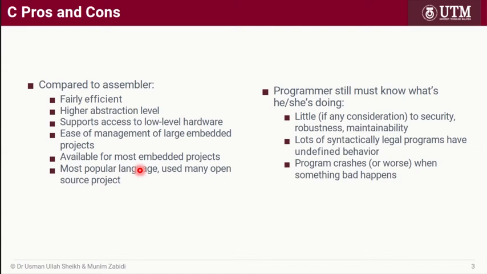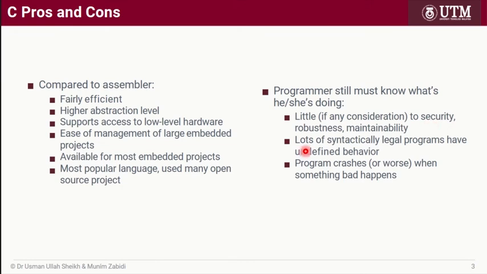Besides that, we can also use the assembly language to do the programming for most embedded projects. And last but not least, it is the most popular language, used in many open source projects.